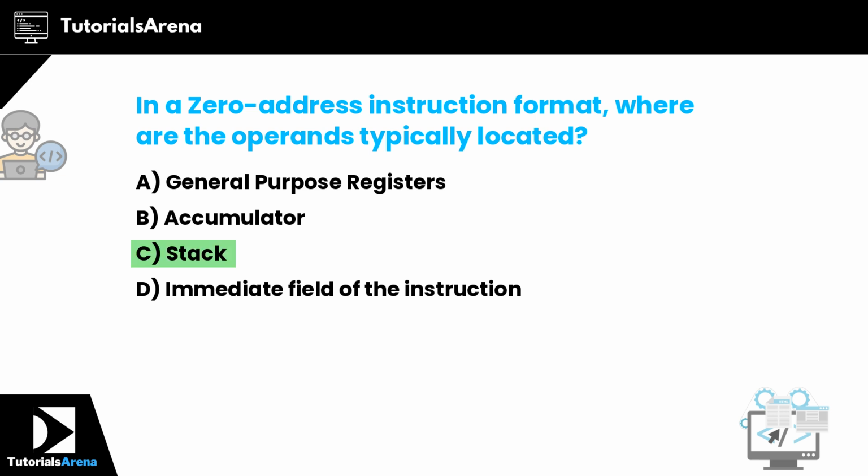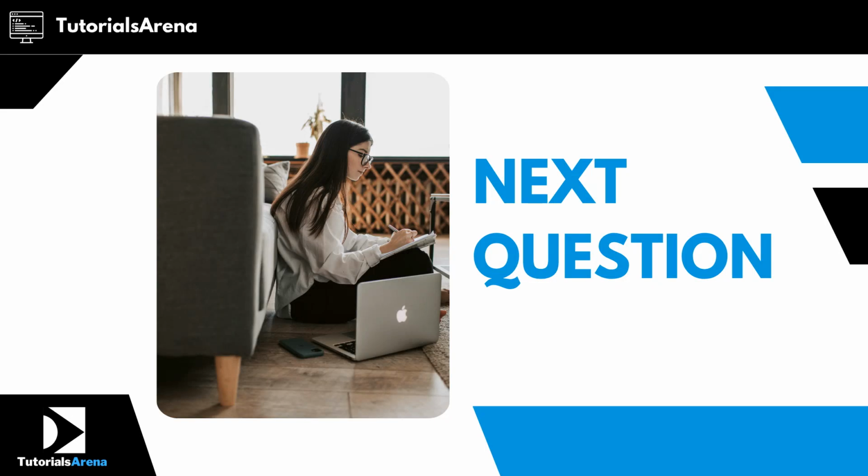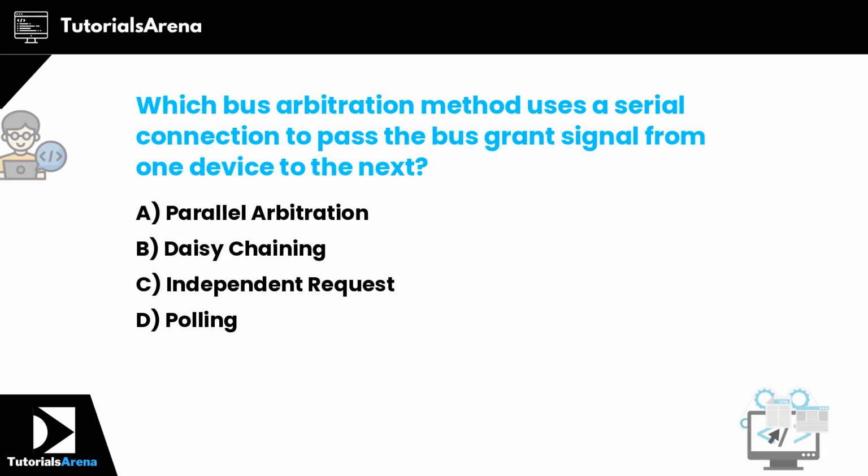The correct answer is option C, stack. Which bus arbitration method uses a serial connection to pass the bus grant signal from one device to the next? The correct answer is option B, daisy chaining.